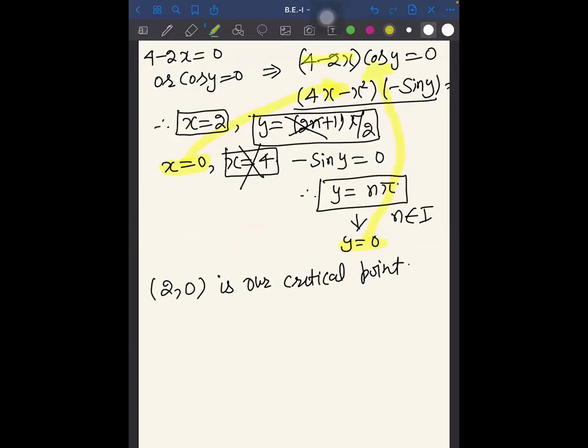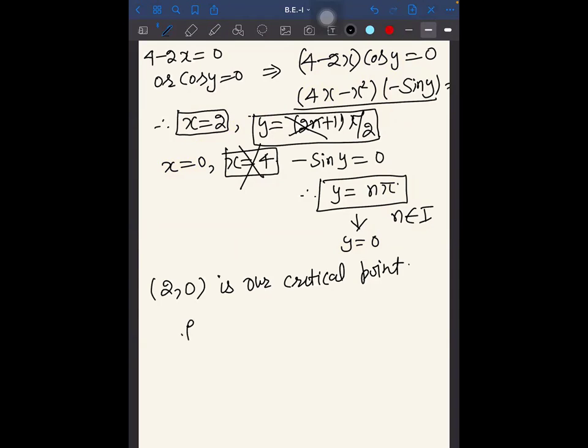Because if your x is 0, this will become 4, and your y is 0, this will be non-zero. So 4 cannot be equal to 0. So x0 and y0 cannot be an interior point, I mean the critical point. Right? You with me? So this is the only critical point, (2, 0) over here.